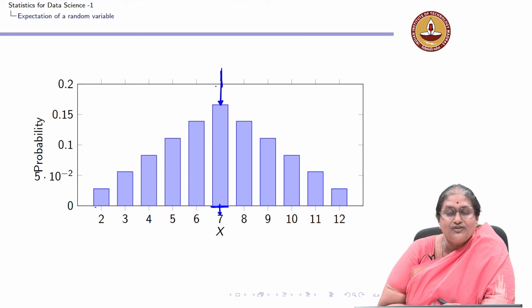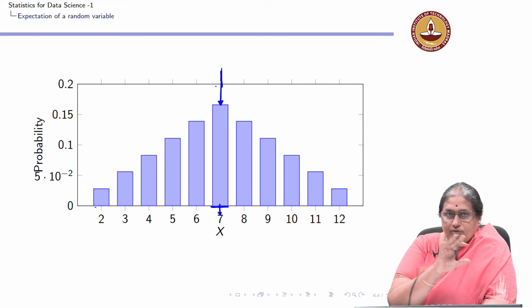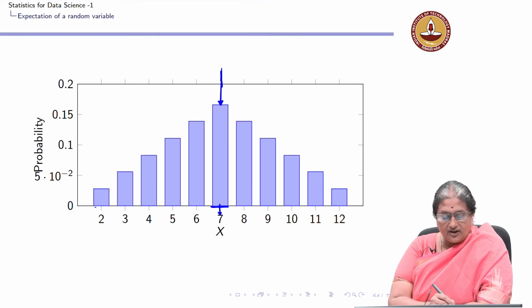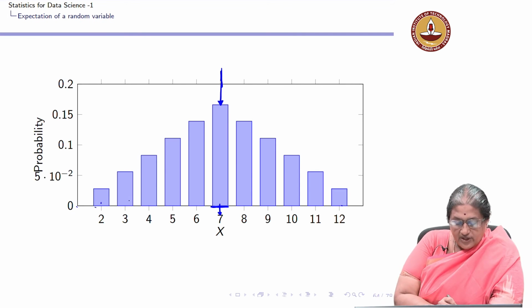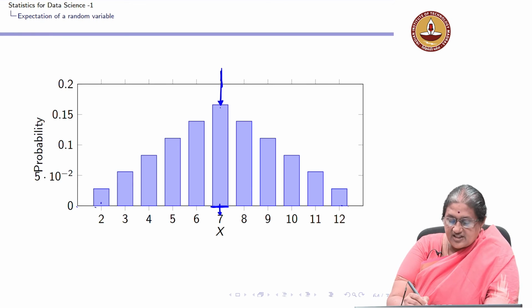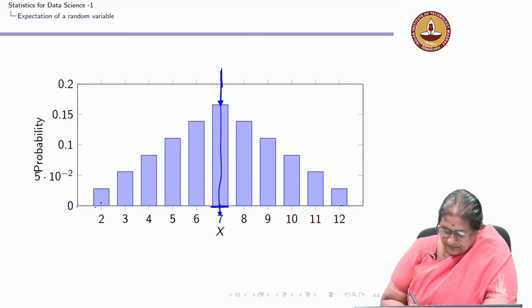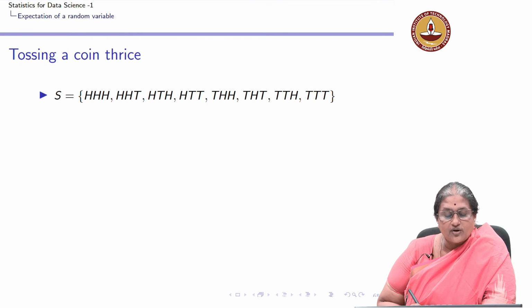So, one of the physical interpretations of the notion of expectation is the center of mass, which comes from physics. I am not going to dwell more on it, but it is just an intuition. You can think of these as weights being laid on a unitless scale, and you can see that this point actually balances the weight.